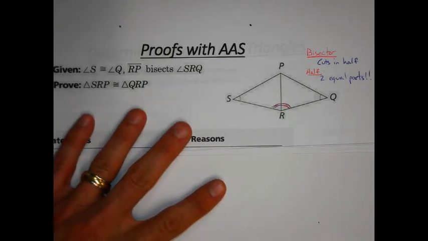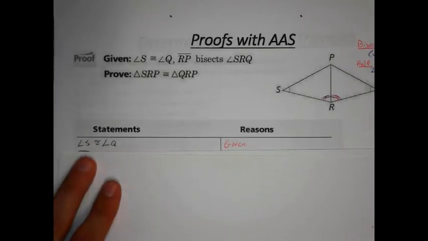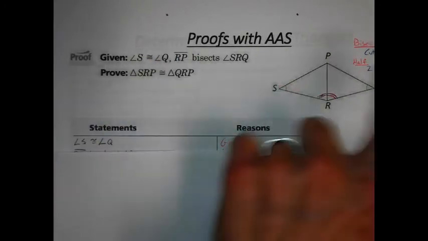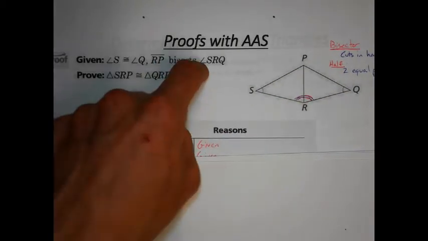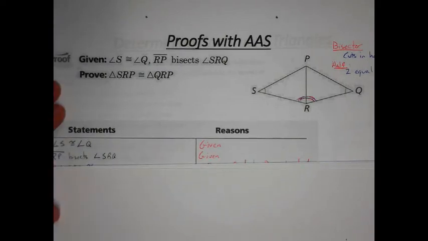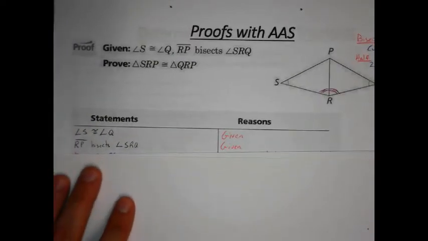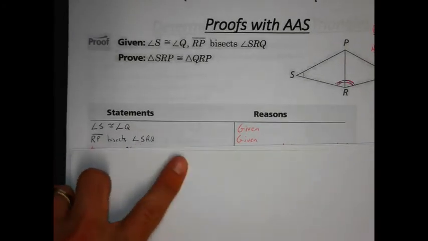So let's begin. I'm going to start with one given at a time. Okay, so I'm going to talk about angle S and angle Q being congruent. I'm going to stop there. Now why? Because I want to use the bisecting given for the next thing after it. Okay? So now I'll say that segment RP bisects angle SRQ. Now I'll say this given. Why am I separating that?